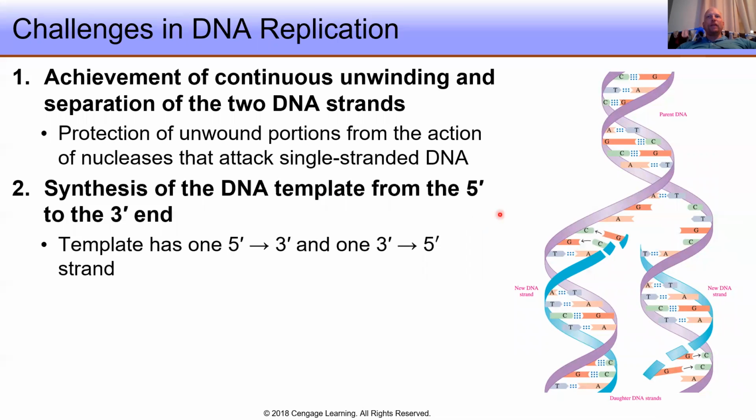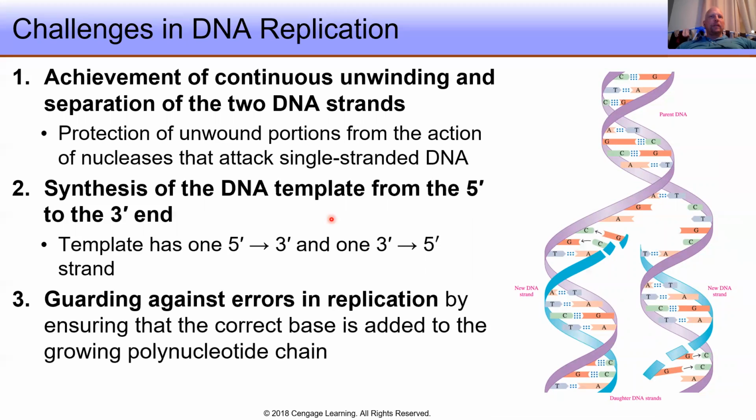And what we have here, of course, is template strands in opposite directions. We have one that's 5' to 3' and one that's in the opposite direction, 3' to 5'. And lastly, we have to guard against errors in replication by making sure the correct base is added. And if you don't fix these errors or prevent these errors, then the consequences can be catastrophic.